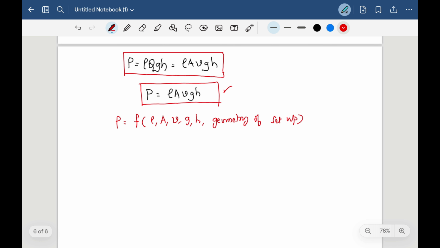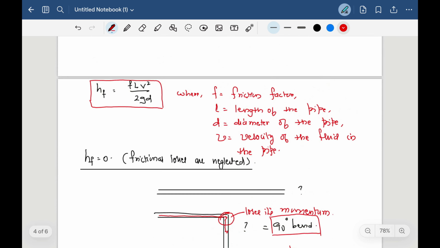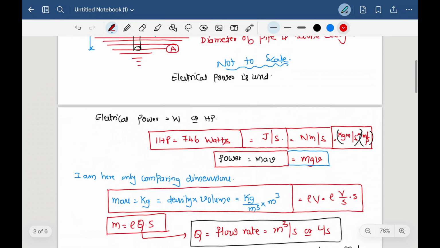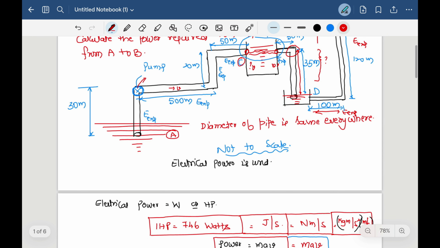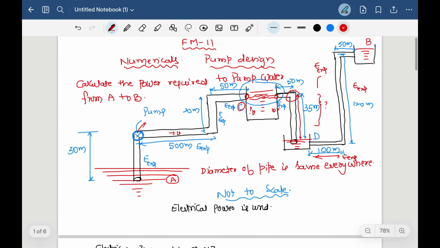A reservoir can be a closed container, or a reservoir can be open to sky. I told you, reservoir does not have to be open like in a river. No. It can be anything.